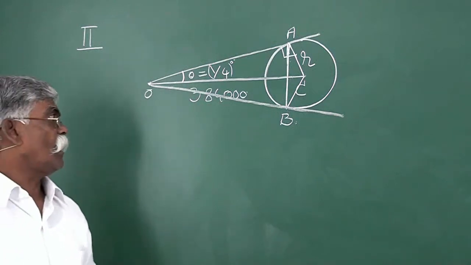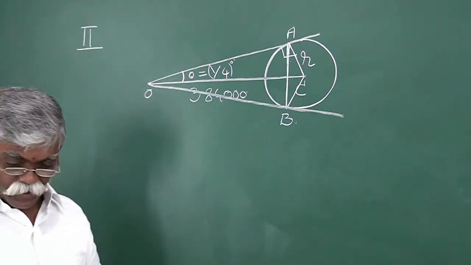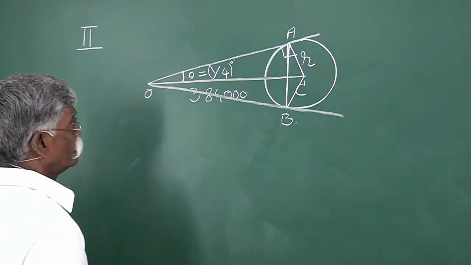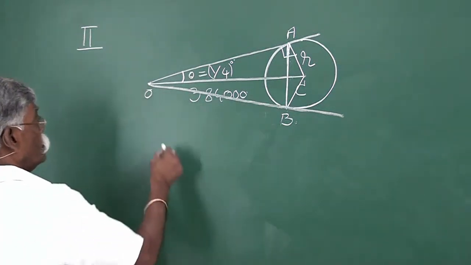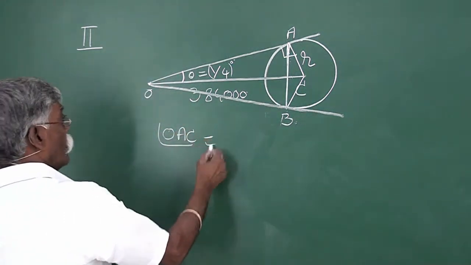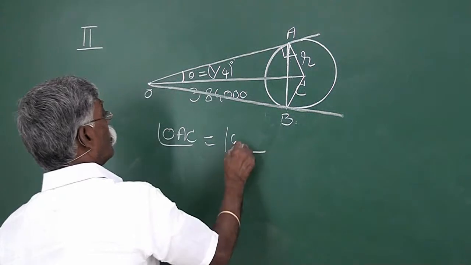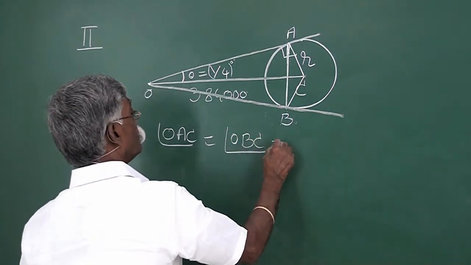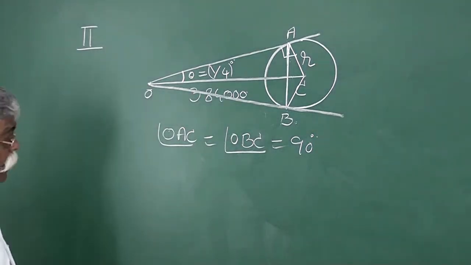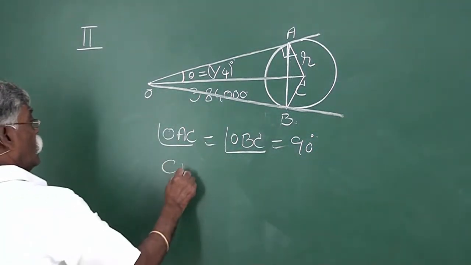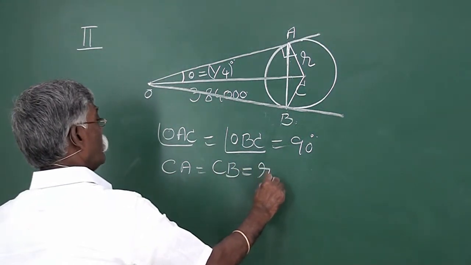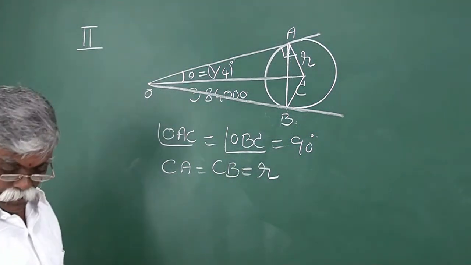In the similar way, OBC is also 90 degrees, and angle OAC is equal to angle OBC is equal to 90 degrees, and CA is equal to CB is equal to the radius of the moon.